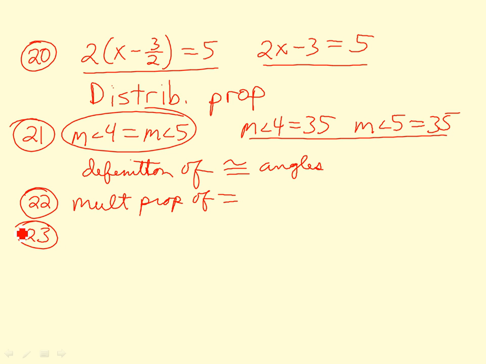Which property could be used to support the statement EF equals segment KJ, given that EF equals GH and GH equals JK? We had one of these earlier also. If this equals that equals something else, transitive property.